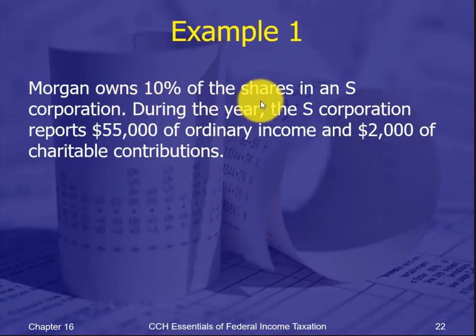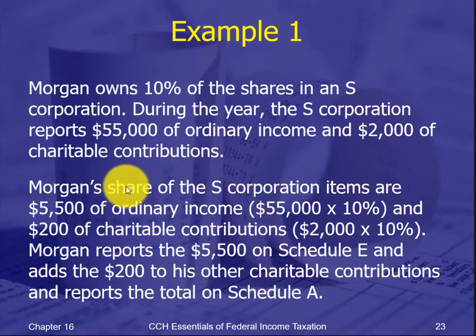So 7% of shares, S corporation reports 55,000 and 2,000 charitable contribution. So the Schedule K will show all 55 and the 2,000, but Morgan's K1 will show 10%, only the 5,500 and 200.